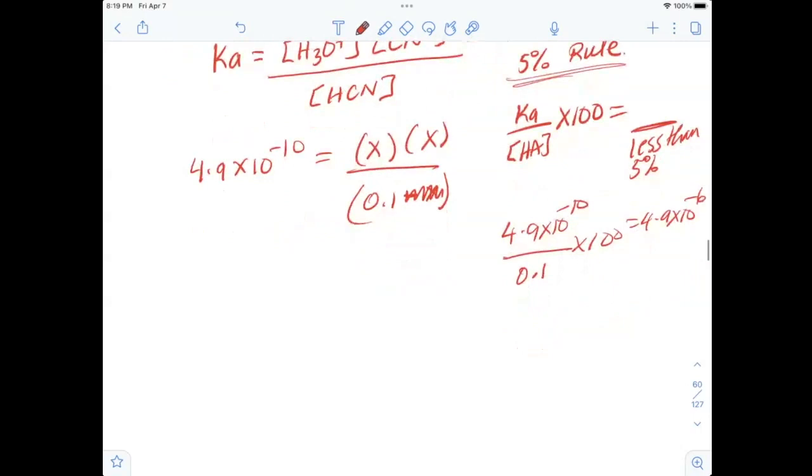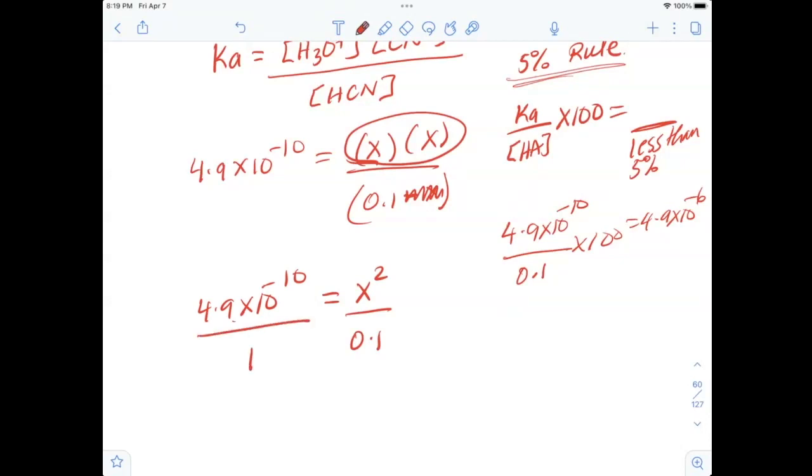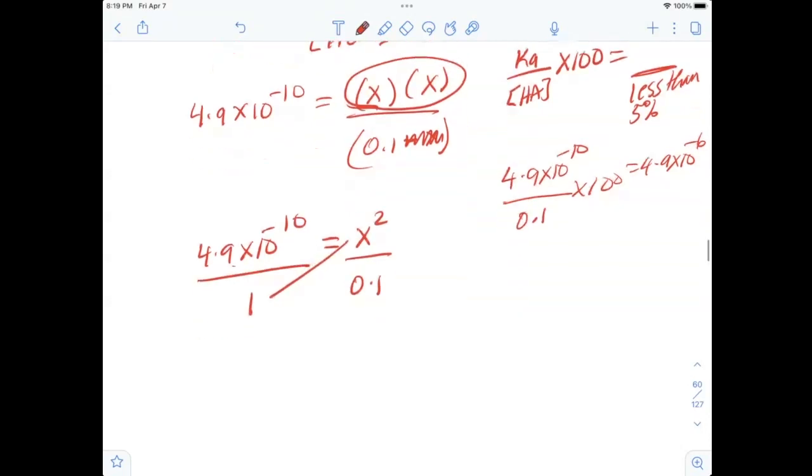Okay, let's keep going. So now our math is x squared, which I consolidated here over 0.1, and this part is 4.9 times 10 to the negative 10. So I'm going to cross multiply here. I get x squared equals 0.1 times 4.9 times 10 to the negative 10.